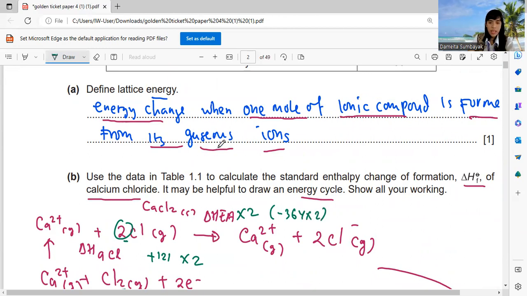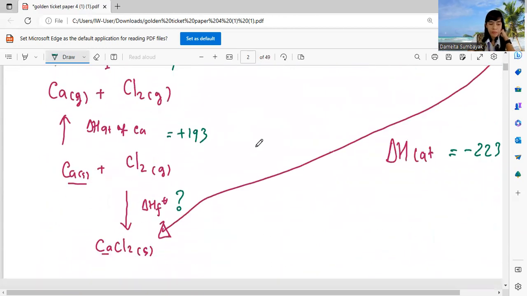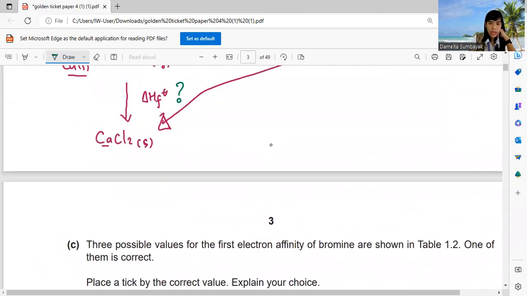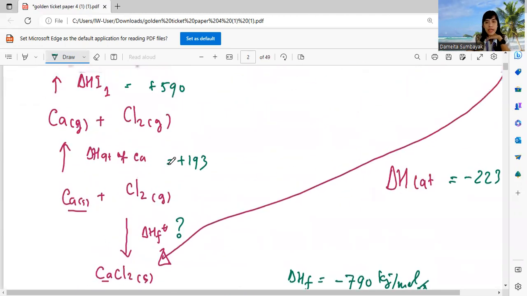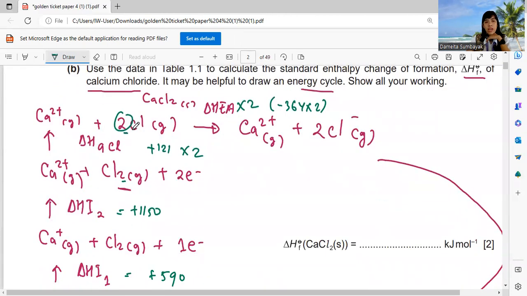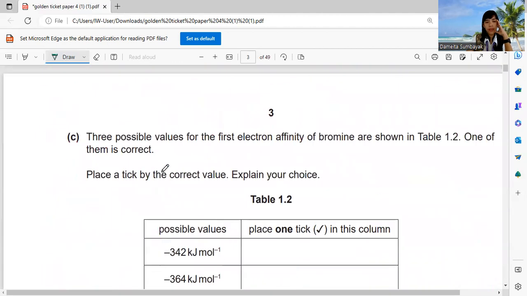Then, I think that's it, and you sum it all. The final answer becomes delta HF equal to negative 790 kilojoules per mole. So this Born-Haber cycle will help you check each stage, so you will not miss anything.